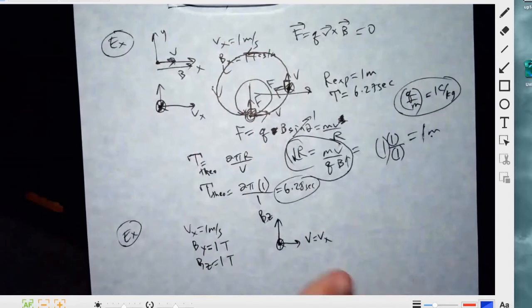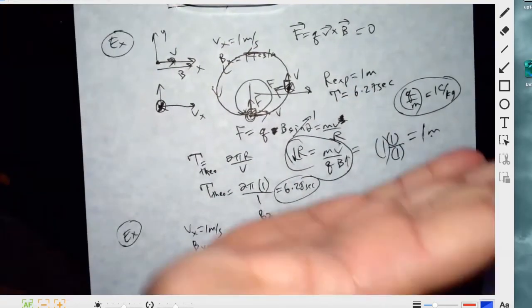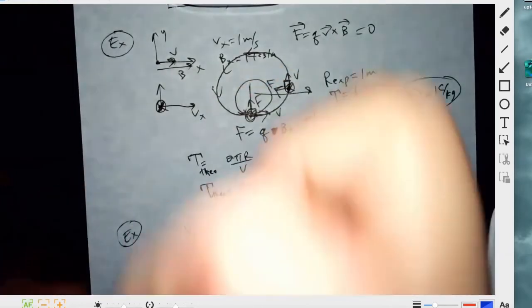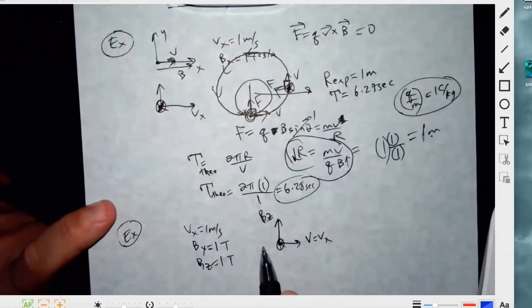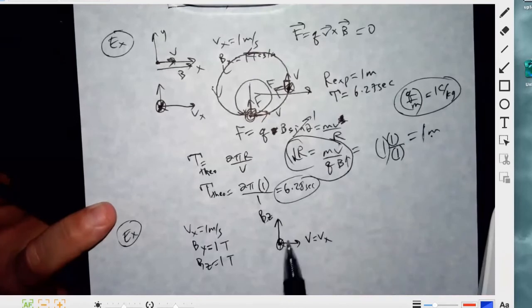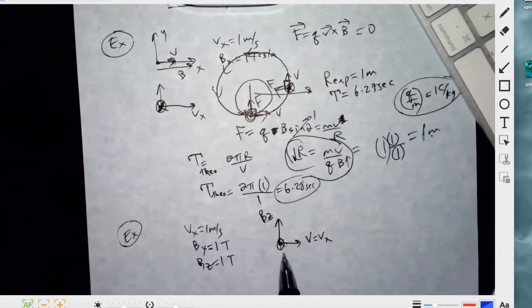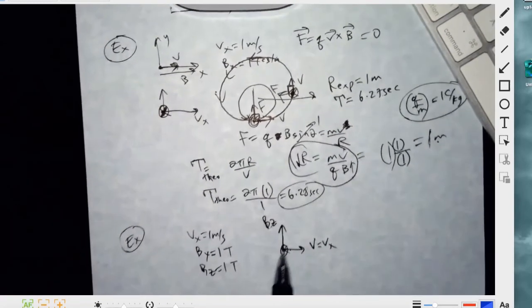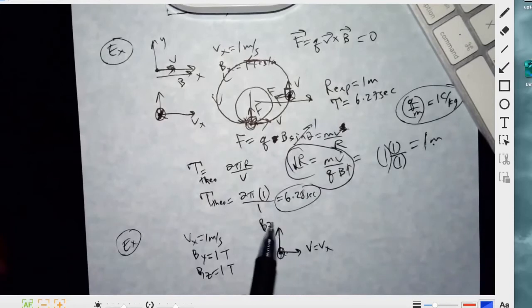One, it's going this way. Vx is to the right, right? And it's making the circle out of the board. So it's coming out like this, and its radius is 1 meter like this, okay? And then it's also making a circle like this. So it's kind of a combination of the two. It's almost in a tilted plane, a 45-degree tilted plane like this.